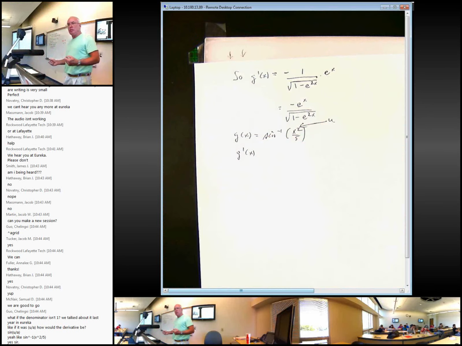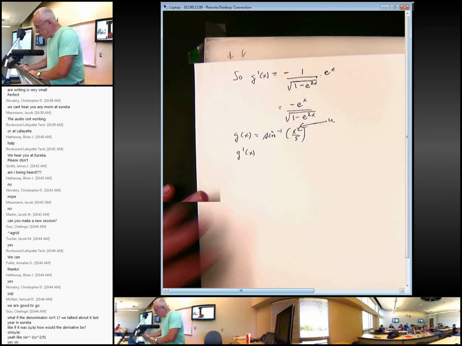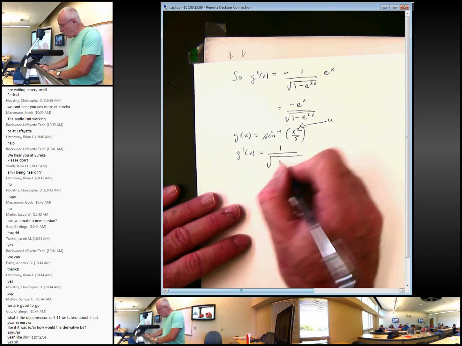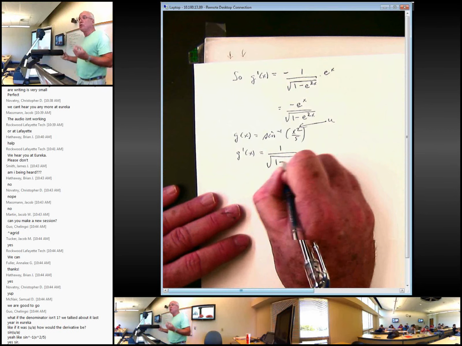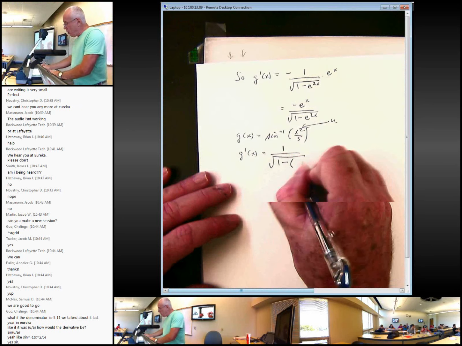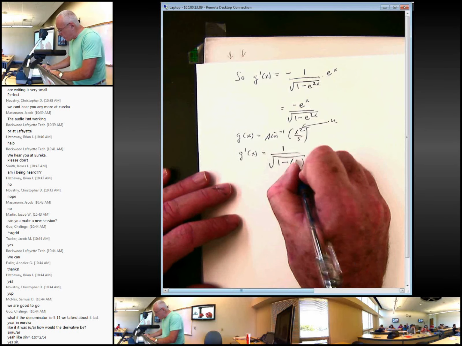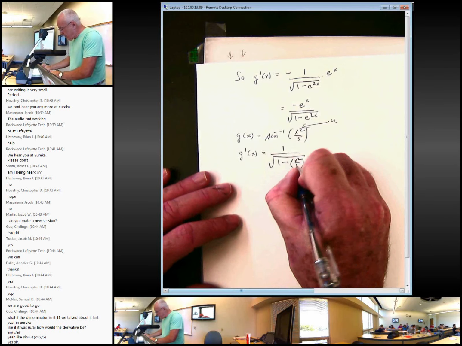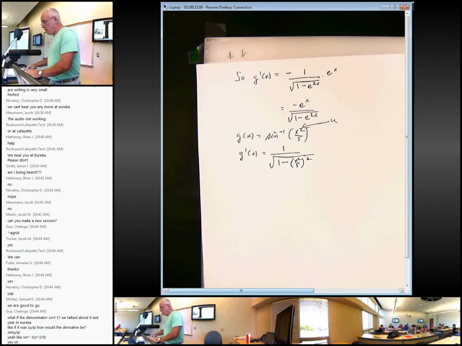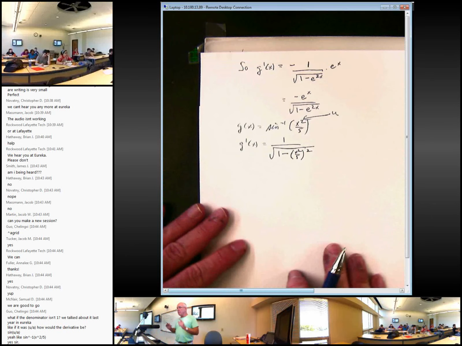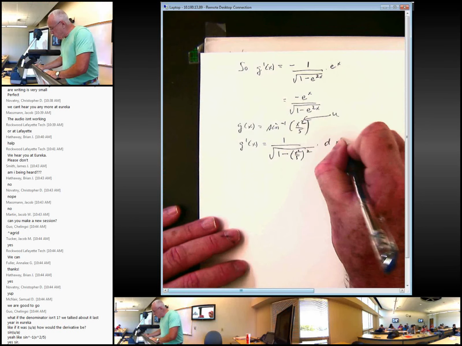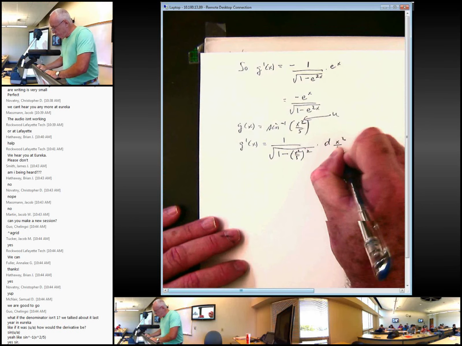We're going to do the chain rule. With the sine inverse, it's 1 over the square root of 1 minus u squared. Our u here is x squared divided by 5, and that has to be squared. So 1 minus u squared, times the derivative of x squared over 5 for the chain rule.